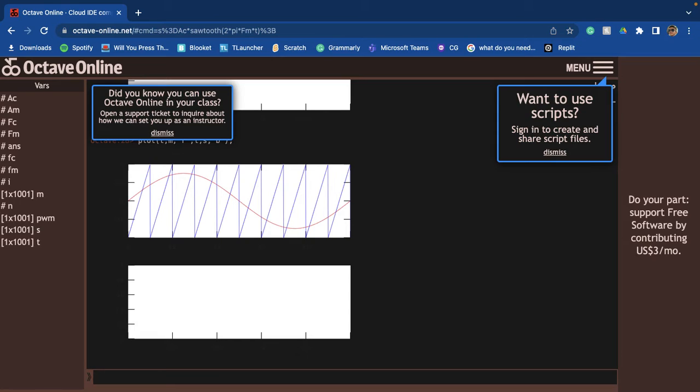So I'll write axis also. It is between 0 and 1, and minus 1.5 to 1.5.